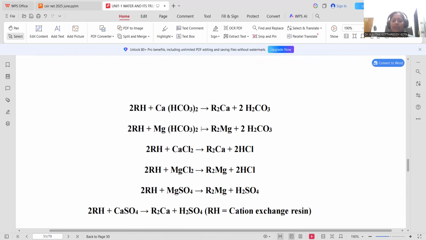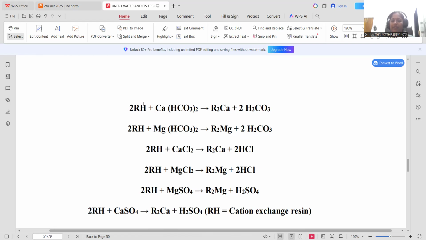So simply, the chemical representation is provided for the cation exchange process. This is the resin you are taking. The resin is a complicated one, so you need not write the entire skeleton always. That's the reason why you simply indicate it with R. R stands for resin, and the cation resin has the tendency to release H plus into the water specifically.